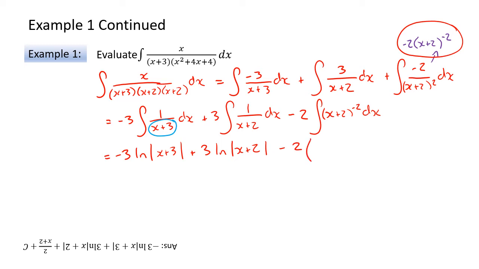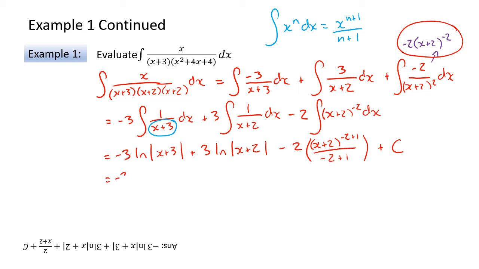Remember, we have x plus 2 to the exponent negative 2 plus 1 divided by negative 2 plus 1. Remember, that's because we use the power rule, which is the integral of x to the n is equal to x to the n plus 1 divided by n plus 1. And our last term, obviously, would be plus a constant.